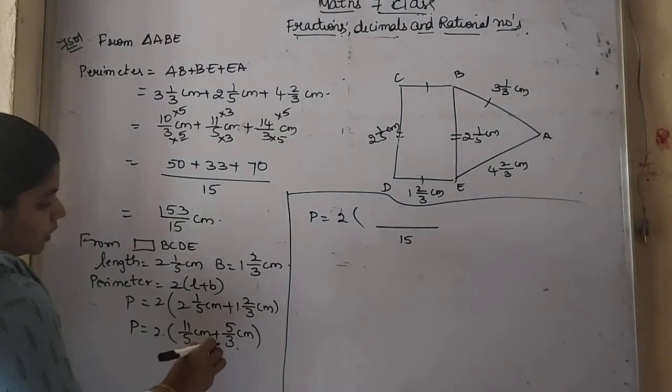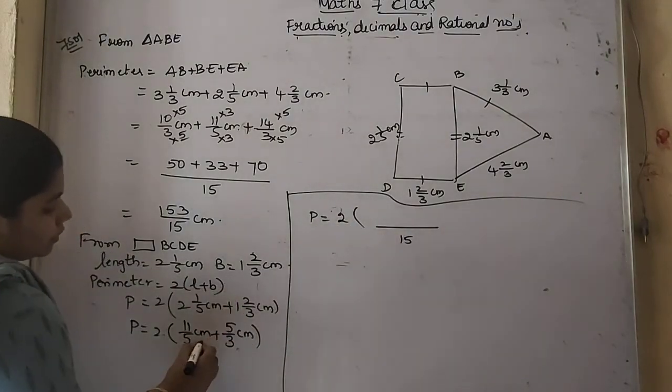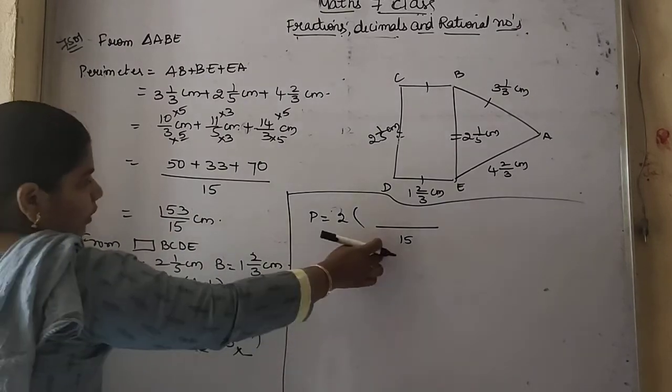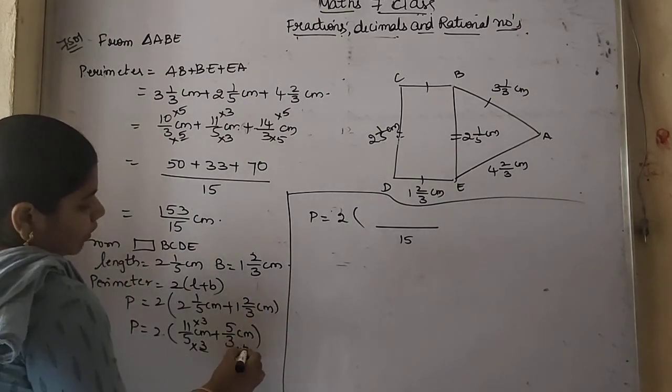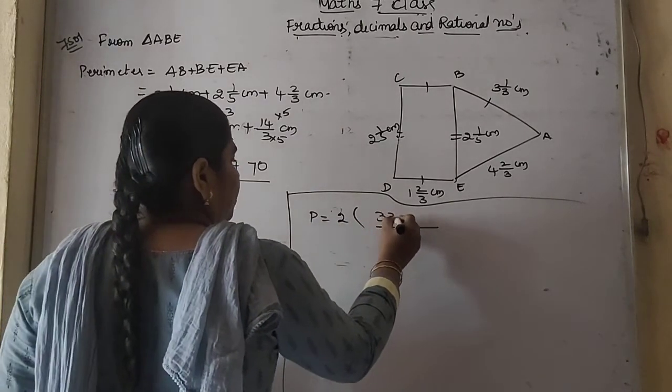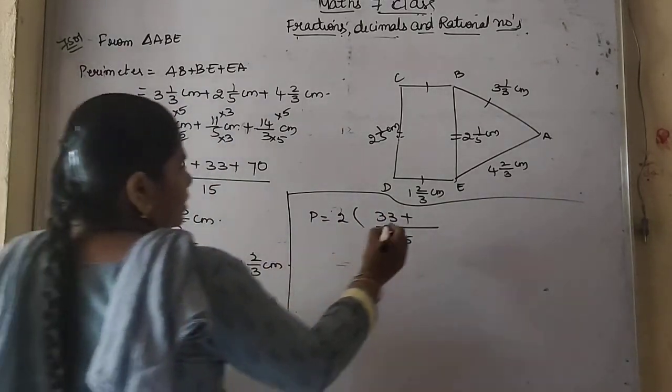For 5, how much will you multiply to get 15? That is 3 times. For 3, 5 times. So 11 3s is 33 plus 5 5s is 25.